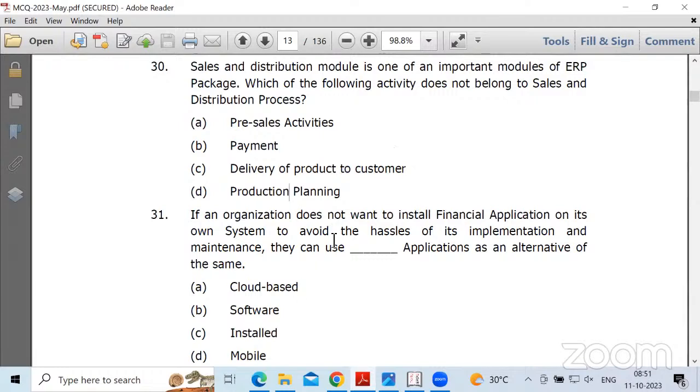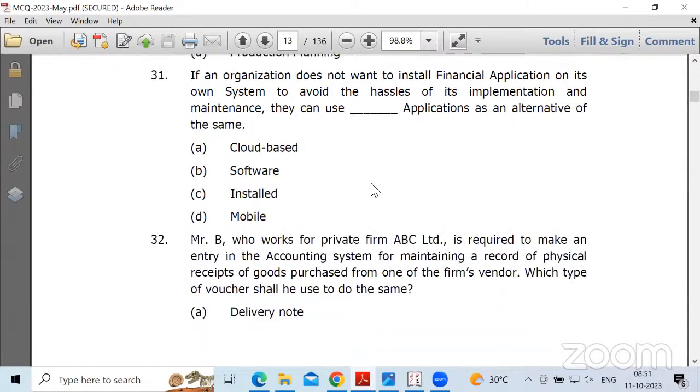Pre-sales activities, payment, delivery of the product, production planning. So production planning is not at all related to this. Production planning is related to the work of the production department, not the sales department.